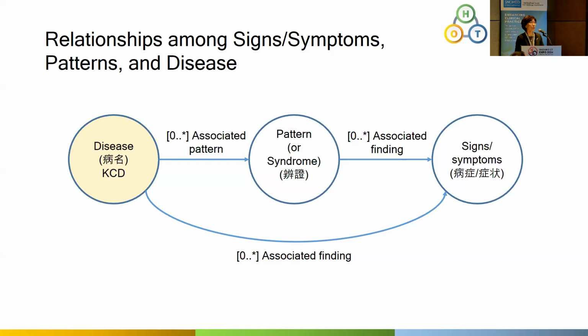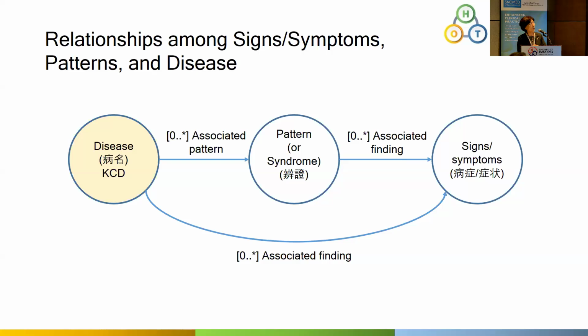So this disease only can have patterns or only can have signs and symptoms. That's why I have cardinality from 0 to many, and even to signs and symptoms, cardinality from 0 to many.